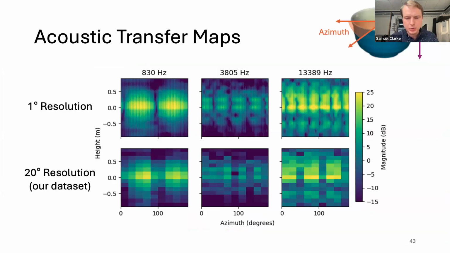One thing I was surprised to see in this project was these nodes and antinodes in the sound field emerge. Here we see a ceramic mixing bowl. It's a rather large bowl that is radially symmetric. From striking the exact same point on the object and measuring the sound field at different azimuth angles, we see that there are these nodes and antinodes in the acoustic transfer of each of these frequencies.